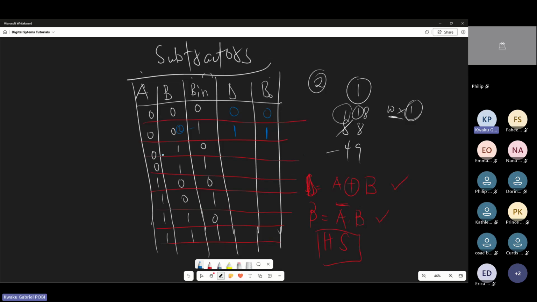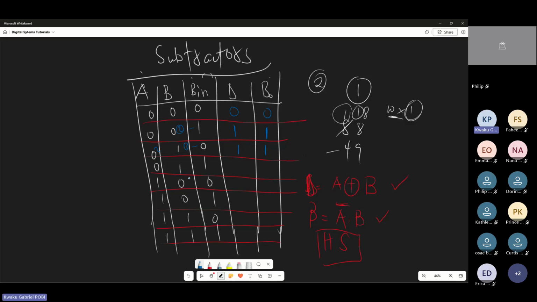Then when you go to this second stage, you have 0 minus 1. 0 minus 1, it can't be. So we have to go and borrow something from here. So you borrow 1, 2. Then you get 2 here minus 1. 2 minus 1 is what? 1. Now that 1 that we are getting now minus this 0, then you get what? 1. So you end up getting 1 here.